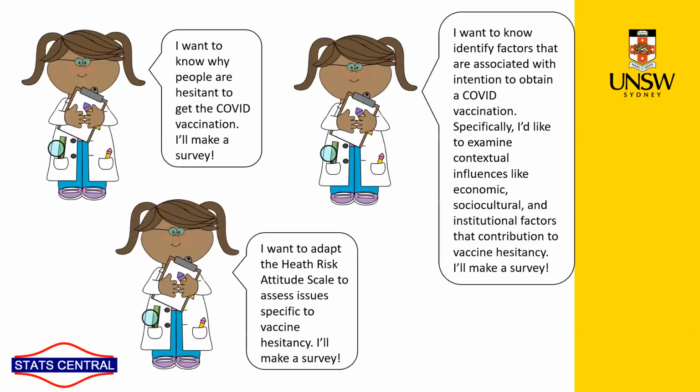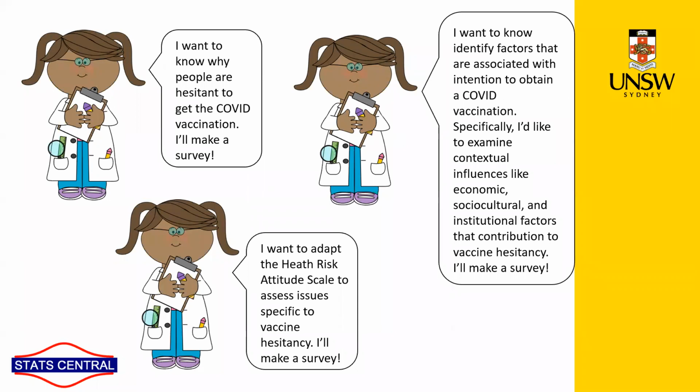And so, for example, say you have 3 researchers who are all interested in surveying people about vaccine hesitancy, and they're all going to create a questionnaire or a survey. But the way in which they're phrasing their research goal, their research question, has big impacts on the types of items or questions they ask of their respondents.